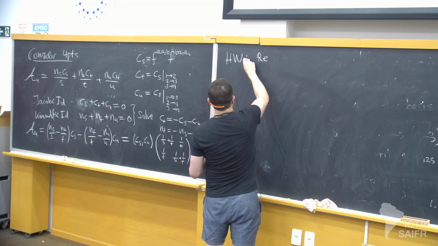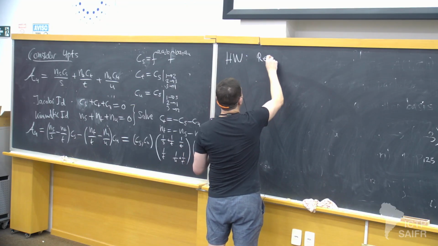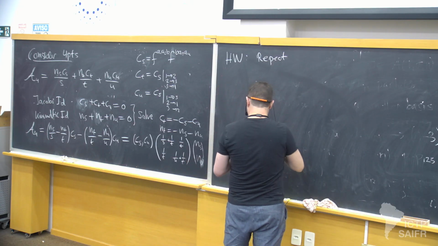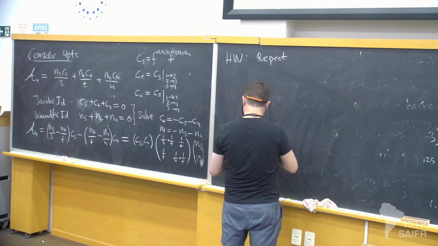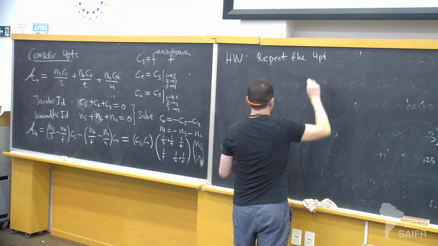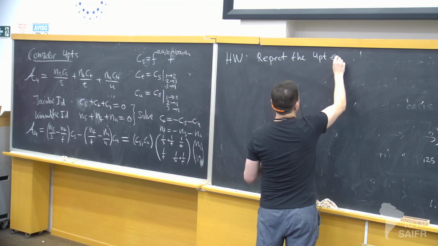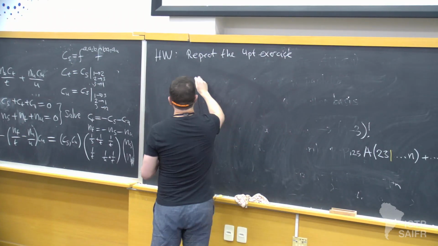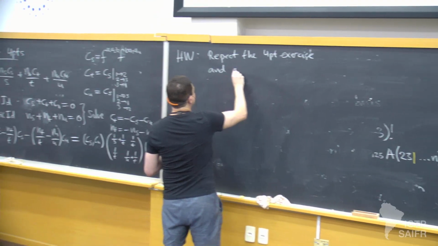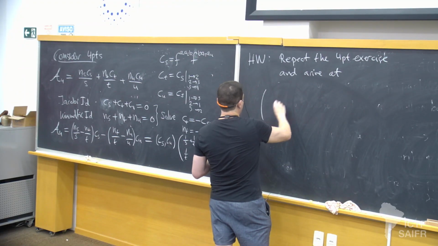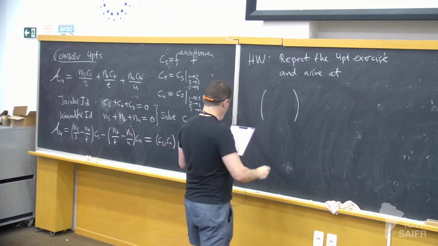So basically the homework here is: repeat the 4-point exercise that I just did and arrive at a formula for the partial amplitudes.